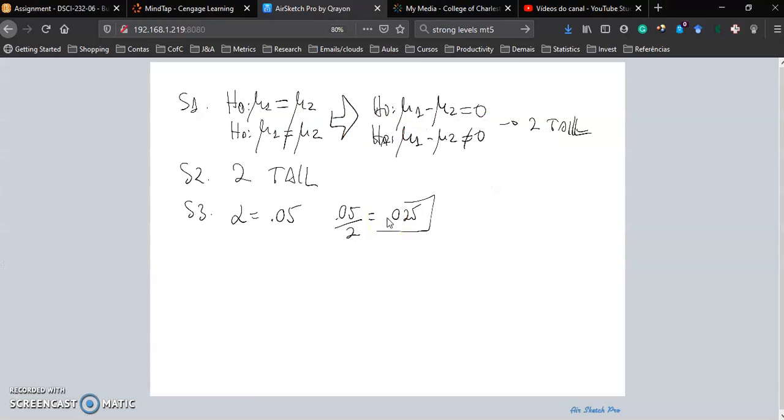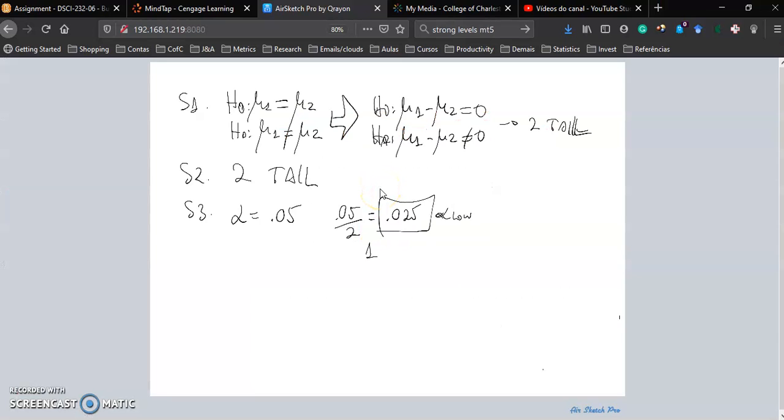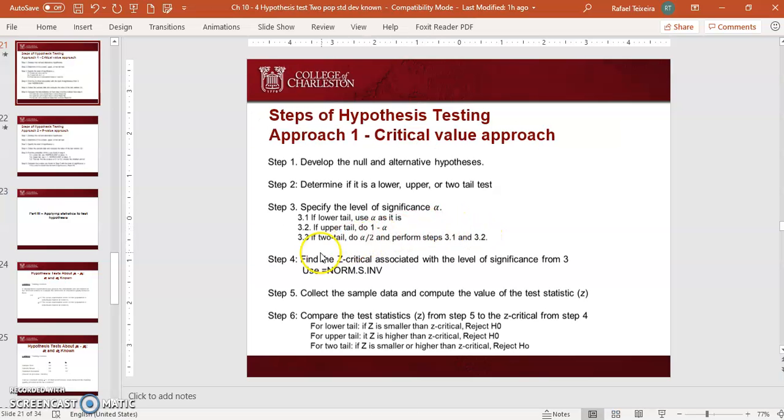So this is one of the alphas, alpha lower tail, and if upper tail, do 1 minus. So if I do 1 minus 0.025, which is equal to 0.975, this is my alpha upper tail. Okay, so I have the two alphas, upper and lower tail.